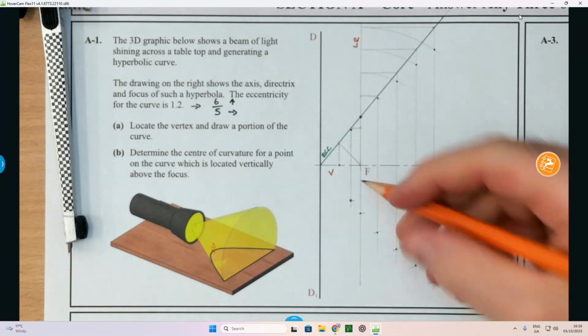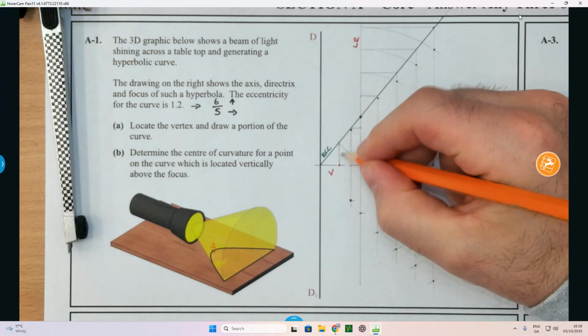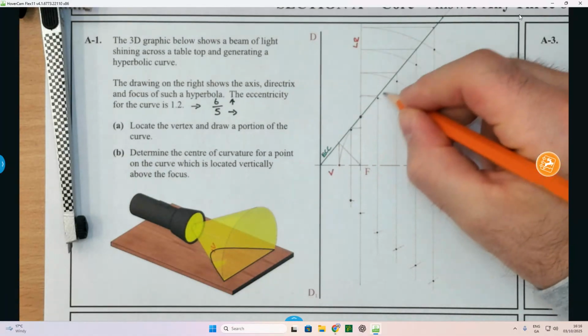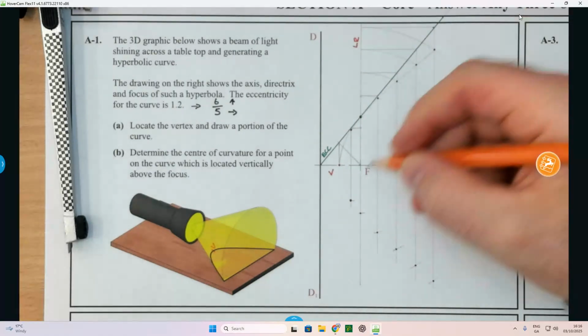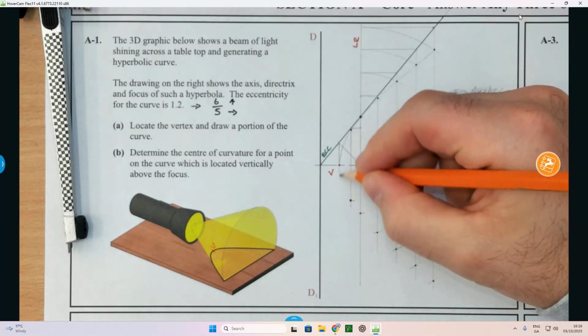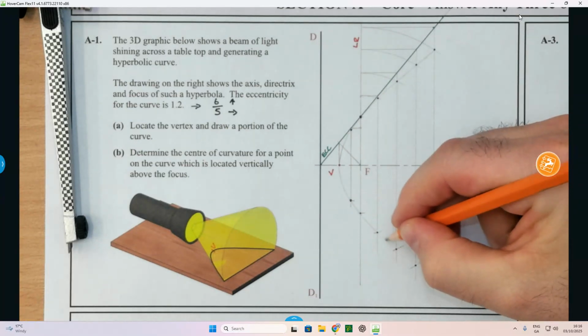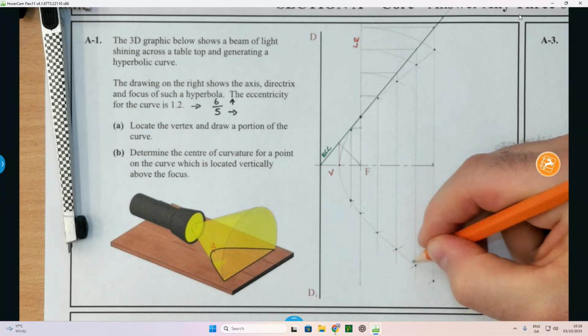Now, what do we do then? We have to sketch in our curve, starting at our vertex. It should flow quite smoothly. So we take our time.